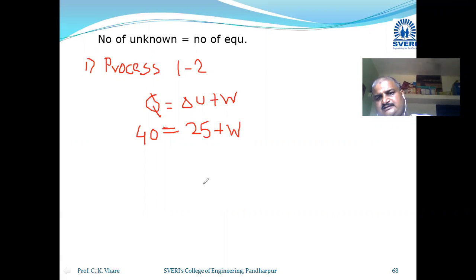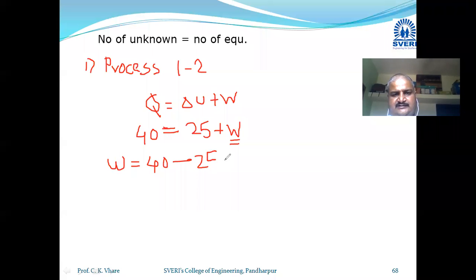Now the equation is one and the unknown is only one, that is W. So you can calculate W very easily. W is equal to 40, and this 25 goes to the other side, so it will be minus 25. It means it will be 15 kilojoule. Means your W is going to be 15. Understand, everybody?